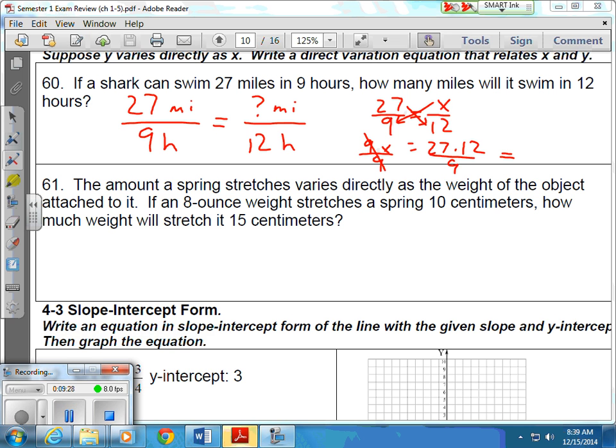And x would be what? You get 36. So it'll be 36 what? 36 miles. You go 36 miles in 12 hours. If you went 27 and 9, you can estimate that would proportion out to be 36 if you went for 12.